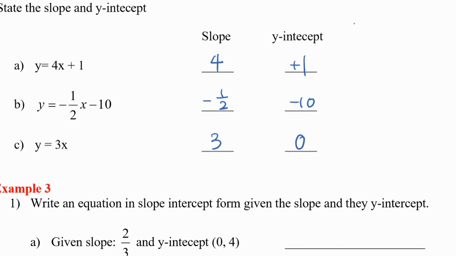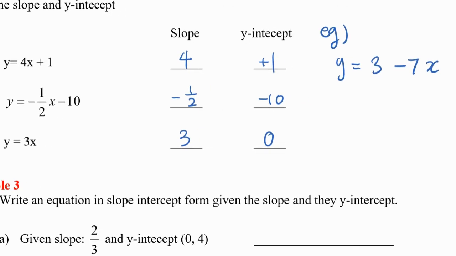Okay, so everyone, say you have 3 minus 7x. What's the slope and y-intercept? Okay, everyone, the slope is the number in front of x.